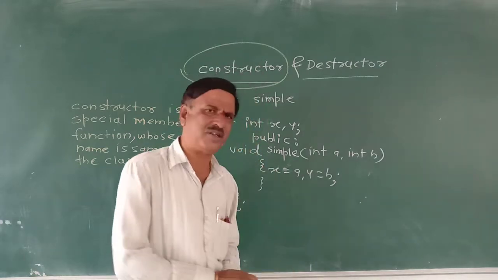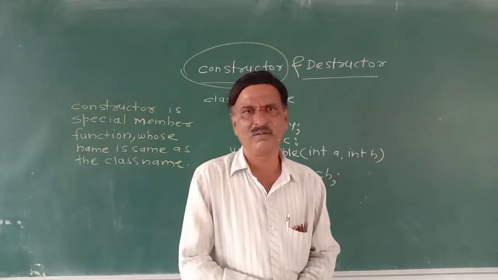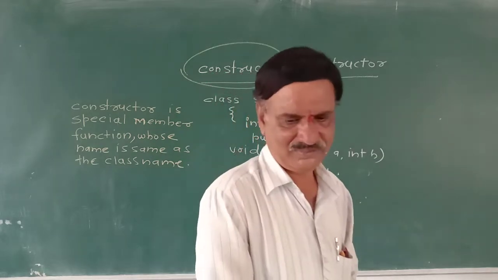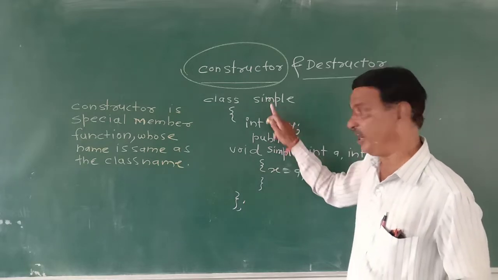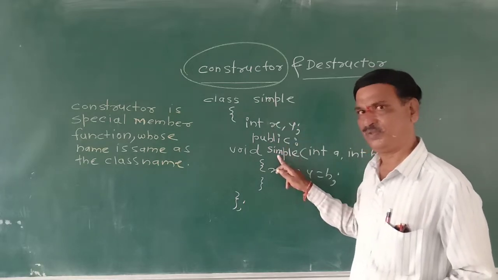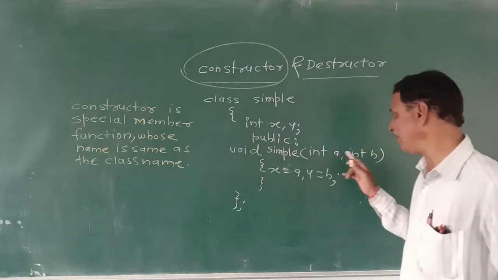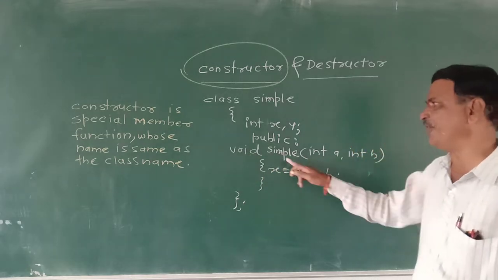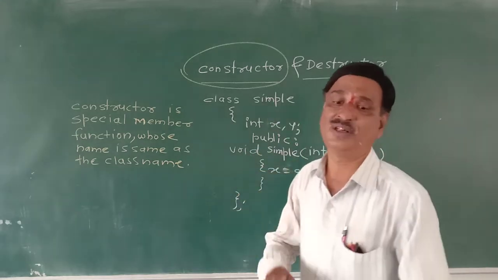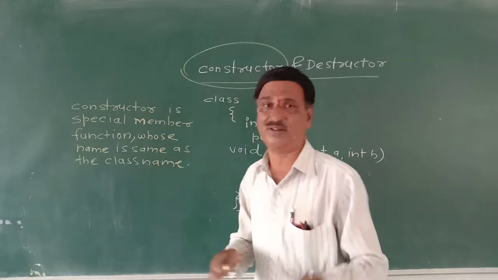The name is same as the class name, then it is called a constructor. The old function was get int a comma int b. This new function is simple int a comma int b. The name of the function is same as the class name. So, since the name of the function is same as the class name, it is called the constructor.